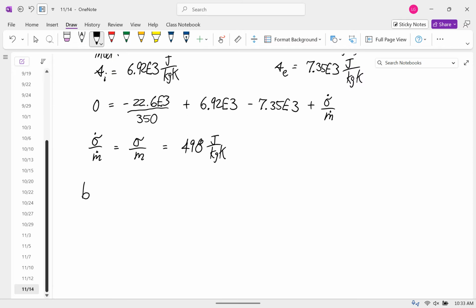So what if that was part A and part B now asked, what's the work done by this turbine per mass flow?